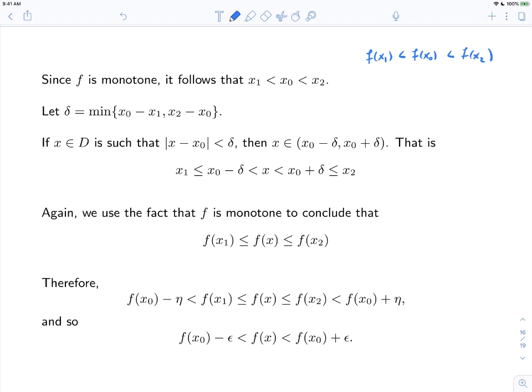Well, that's if f is monotonically increasing. Let's just make a little note here. It would be the reverse. x2 is less than x naught is less than x1 if f is monotonically decreasing.